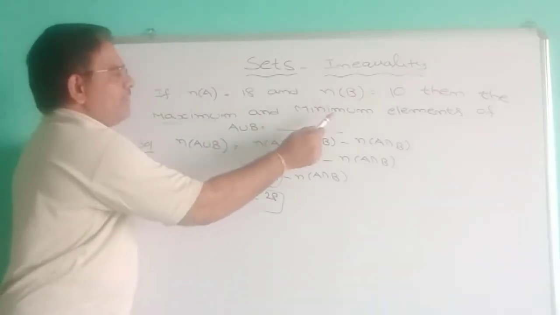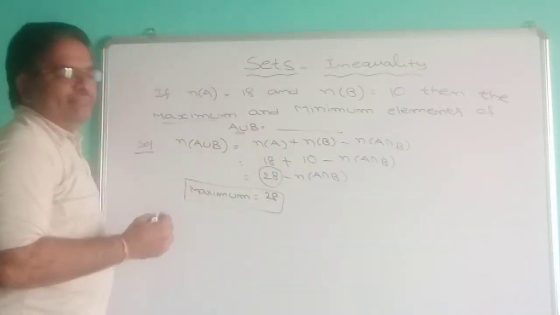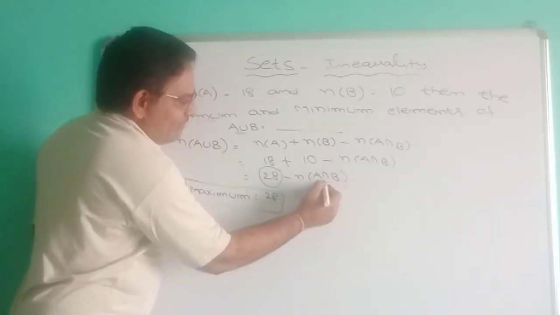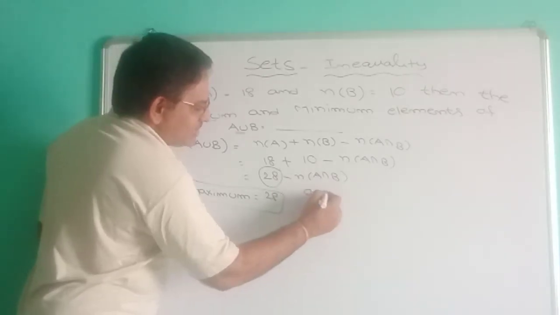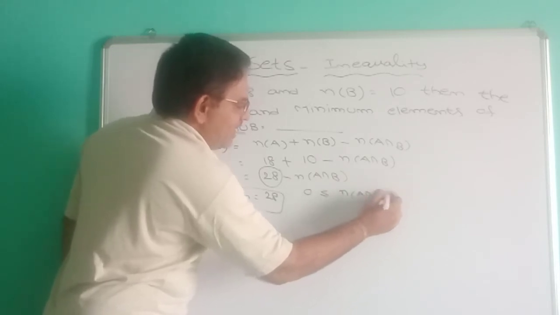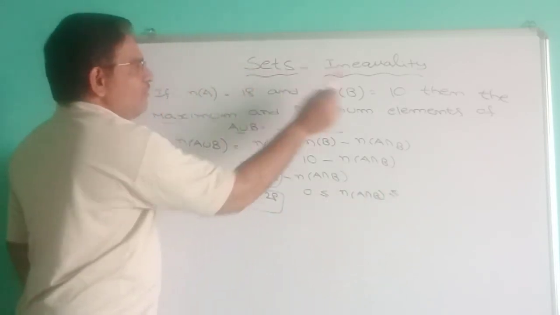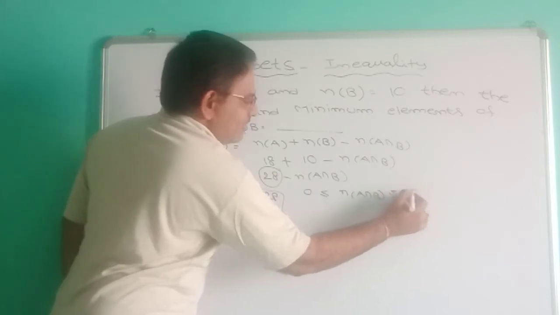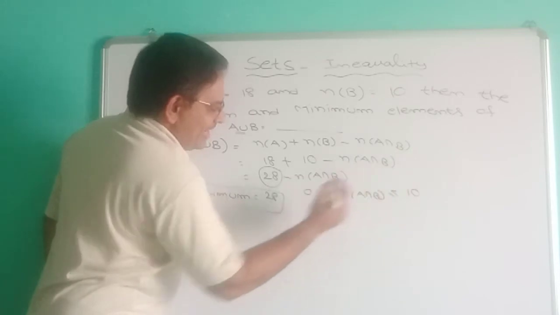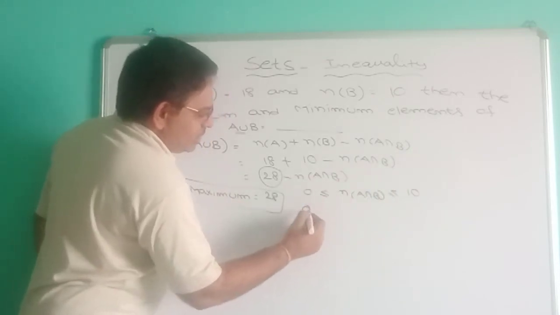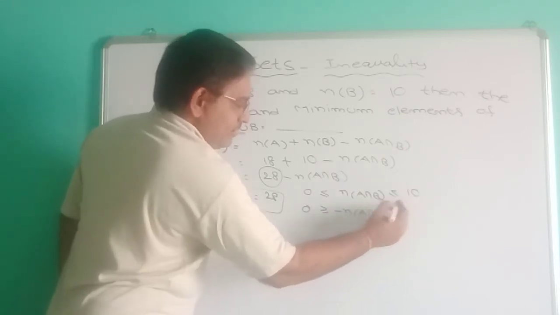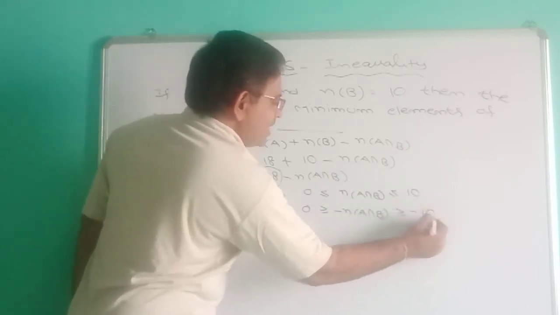Now how to find the minimum number of elements of A union B? First, calculate the range of n of A intersection B: 0 is less than or equal to n of A intersection B, which is less than or equal to the minimum value, 10. Now multiply by minus: 0 is greater than or equal to minus n of A intersection B, which is greater than or equal to minus 10.